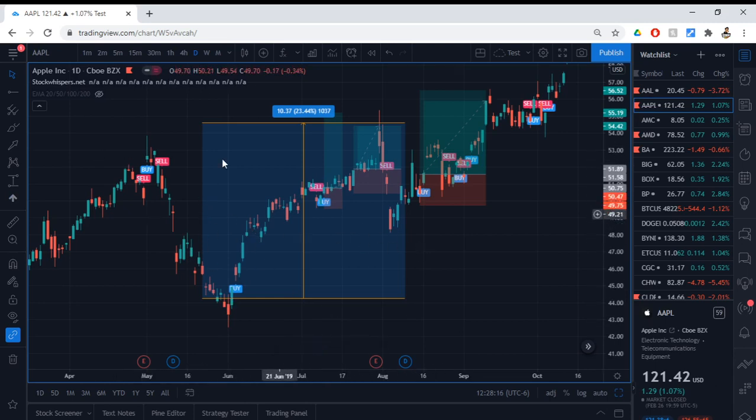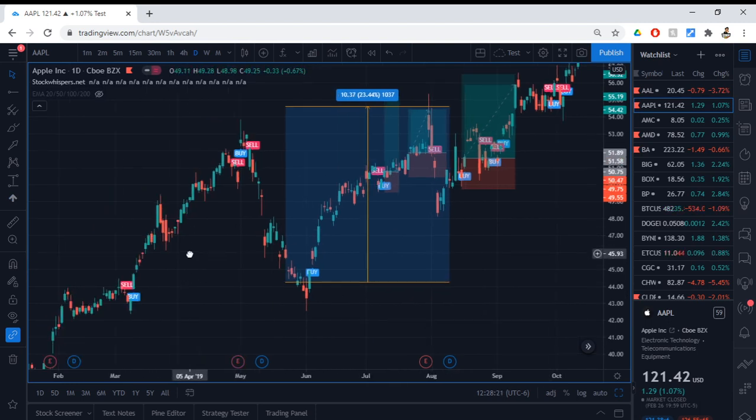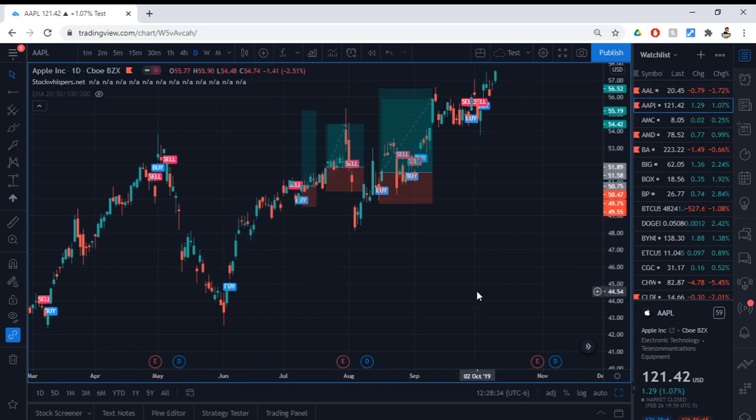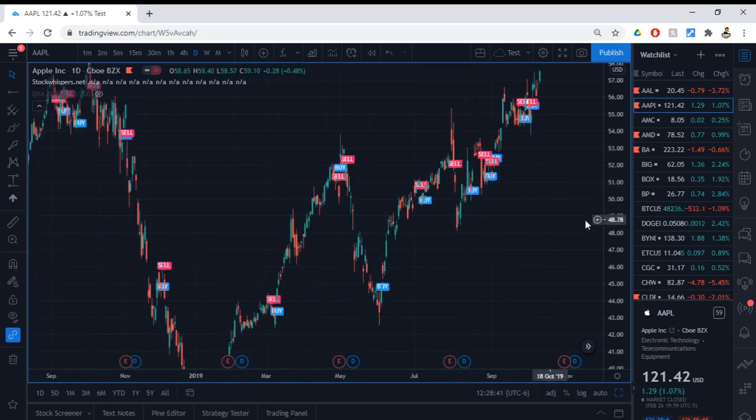I backtested this and counted the signals, and it's only right half the time. But when it is right, it's right big. If you're okay with that, that's a good strategy for you. If you're not okay with that, then maybe that's not a good strategy for you. You've got to use one of the others.